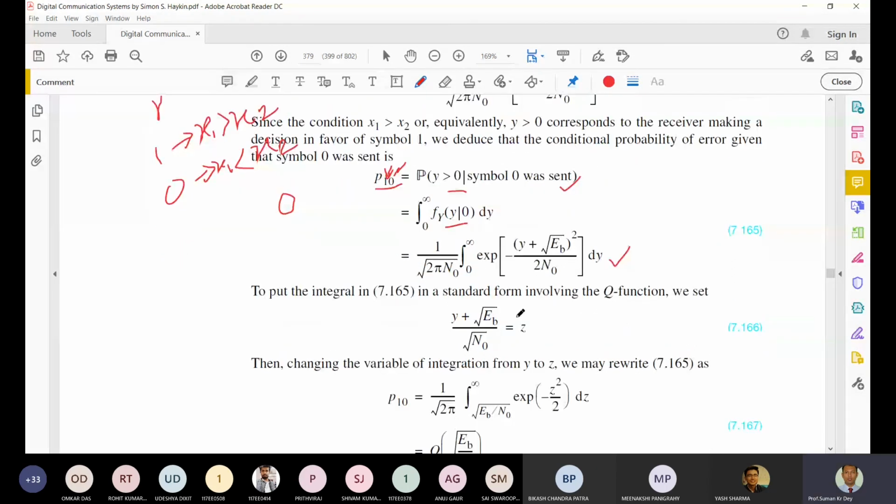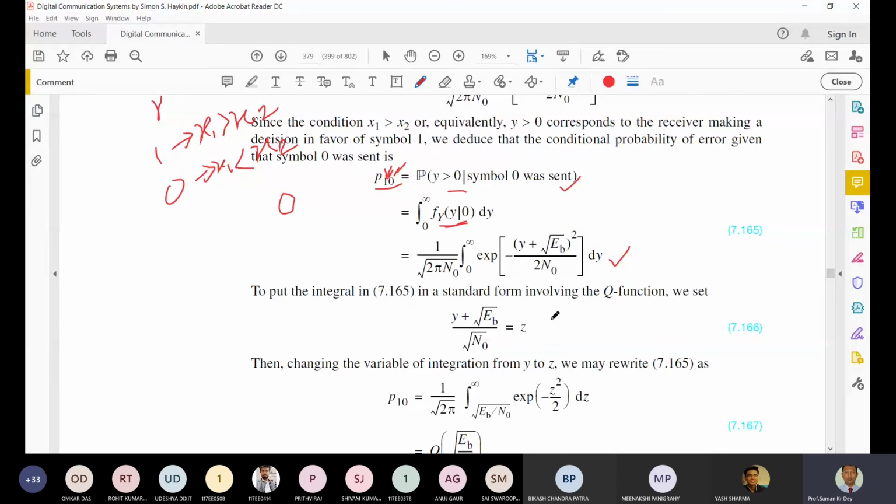After replacing the value of the probability density function in the conditional probability of error, we get this expression. Now we consider (y plus square root of Eb) by square root of N0 equal to z.